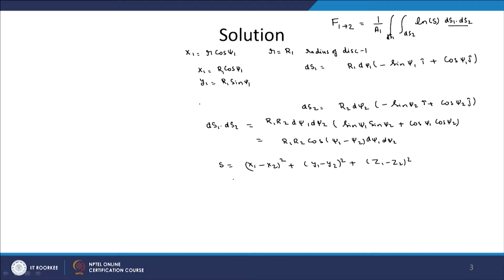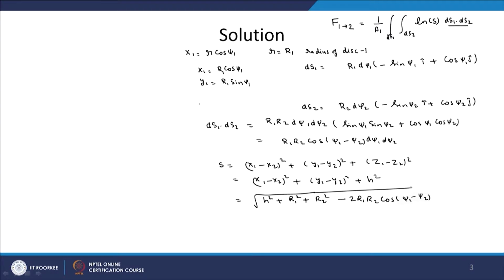If we put the values of x and y, this can be simplified as h square plus r1 square plus r2 square minus 2 r1 r2 cos psi, and then we have to take the square root.